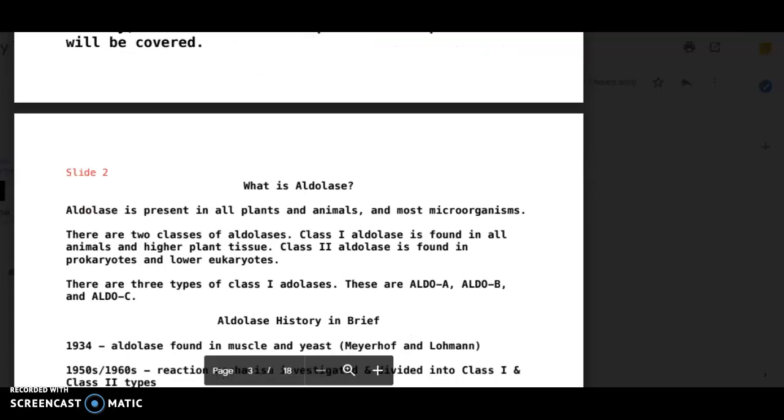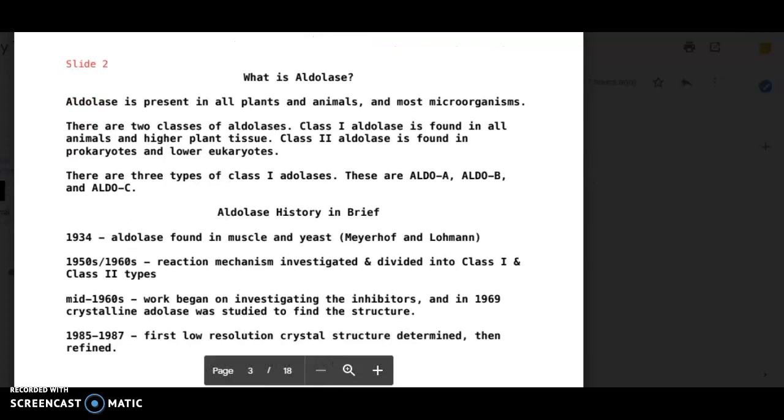So now we're talking about what is aldolase. Aldolase is present in all animals and plant tissue and in most microorganisms. Class 1 aldolase, found in animal and higher plant tissues, is characterized by the lack of requirement for a bivalent metal cofactor and by the formation of a Schiff base.